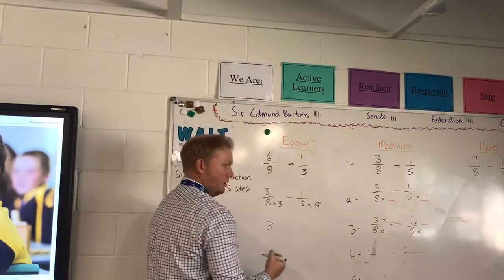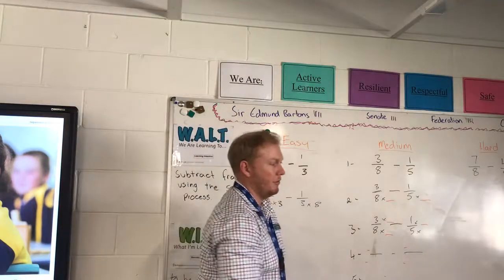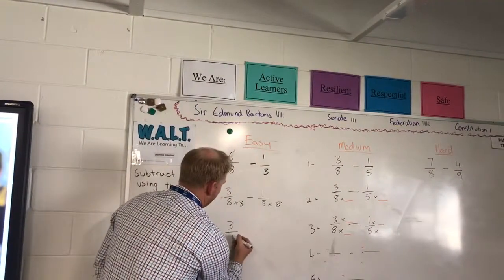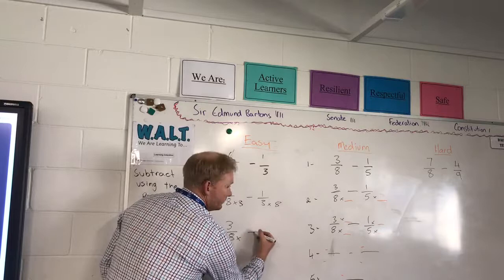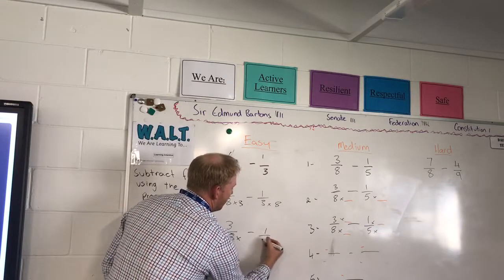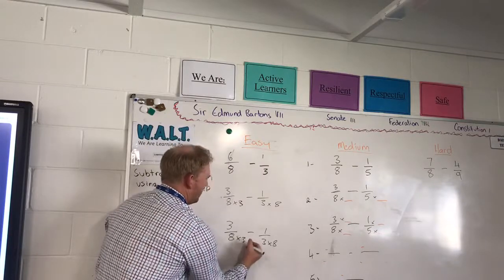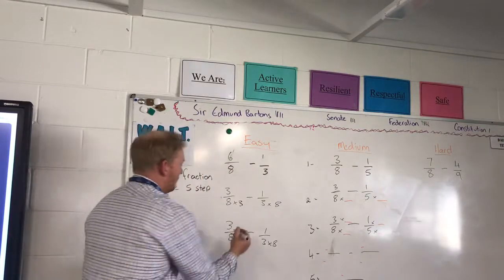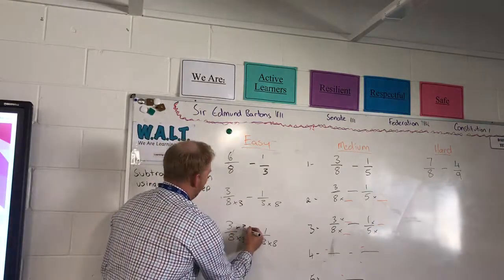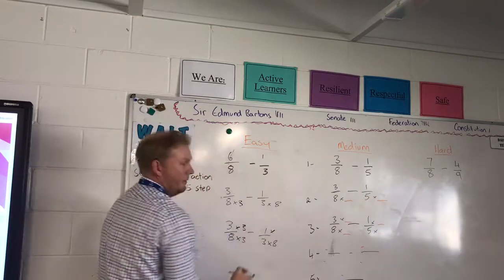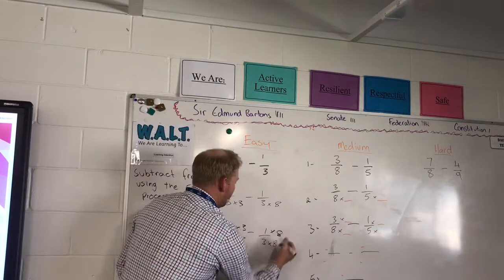Step number 3. What is step number 3, LT? Look back in your book if you need to. That's exactly right. So what am I going to write up here? You're a champion. Unbelievable.